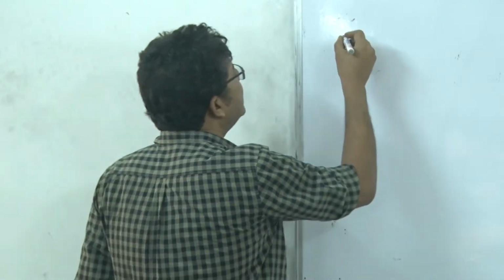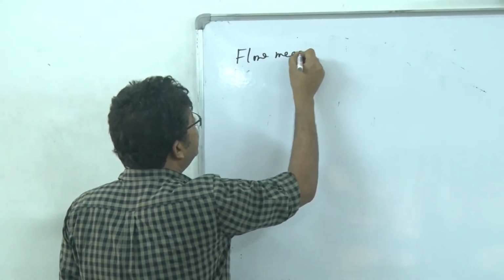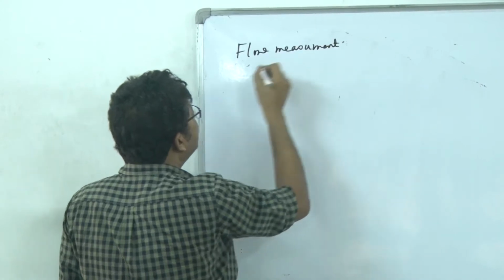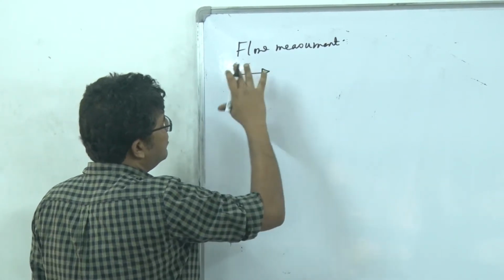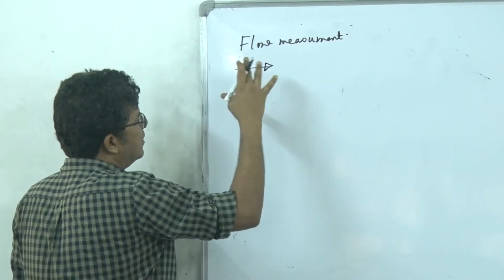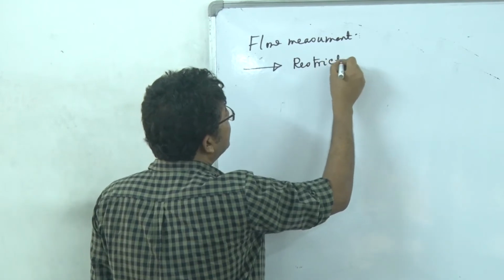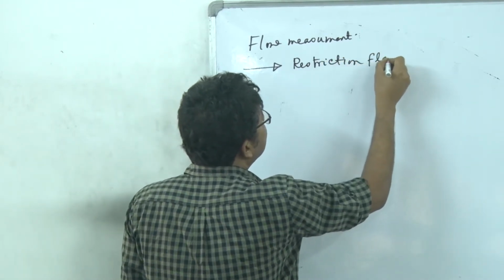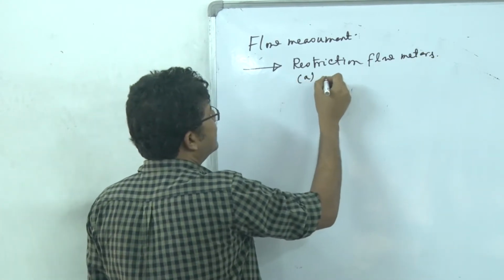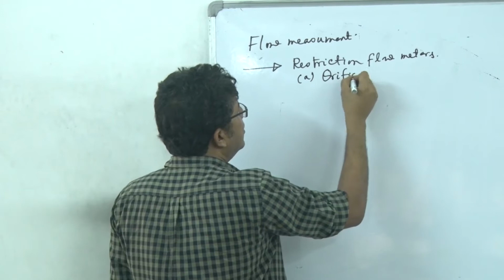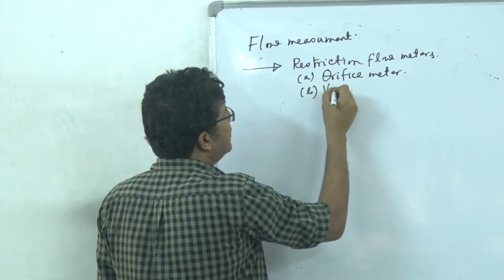So what are we going to discuss in flow measurement? First, we will have a broad discussion on restriction flow meters, and in that we are going to discuss the orifice meter and venturi meter.